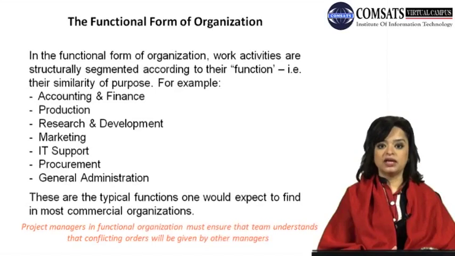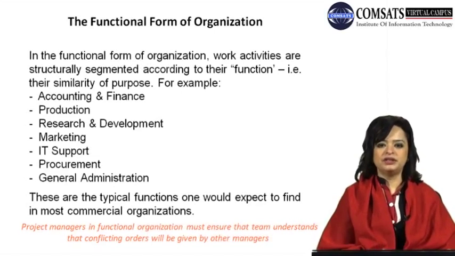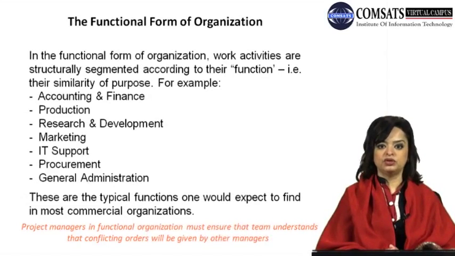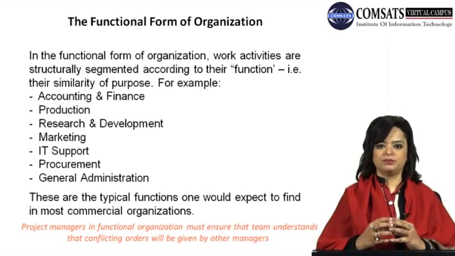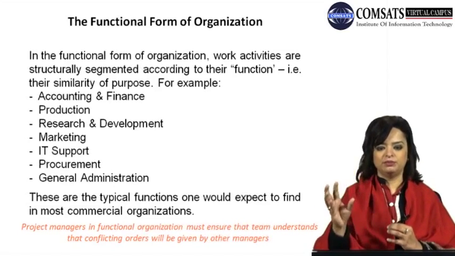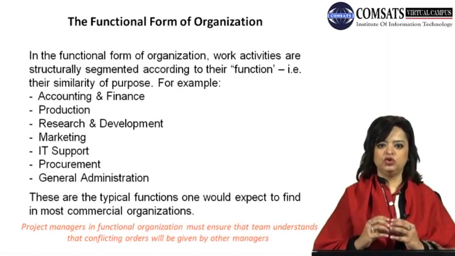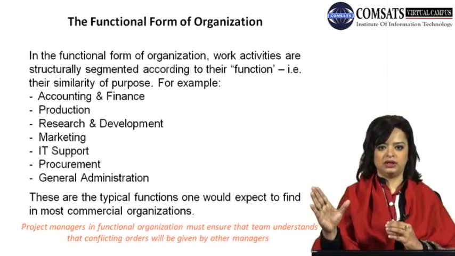Project managers in functional organizations must ensure that the team understands that conflicting orders will be given by other managers. It's not just the team members being lethargic in this situation, it's also their own department managers not understanding the importance, or not being aware of the situation, that the team members are actually working on 2 jobs and are also getting orders from another person, and how important it is for this team member to use his or her time or balance the work to ensure that that work is also getting done.